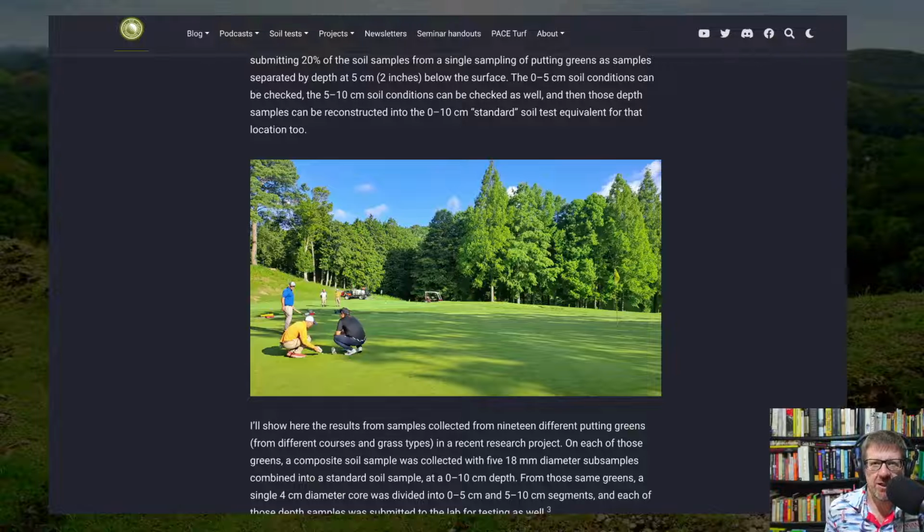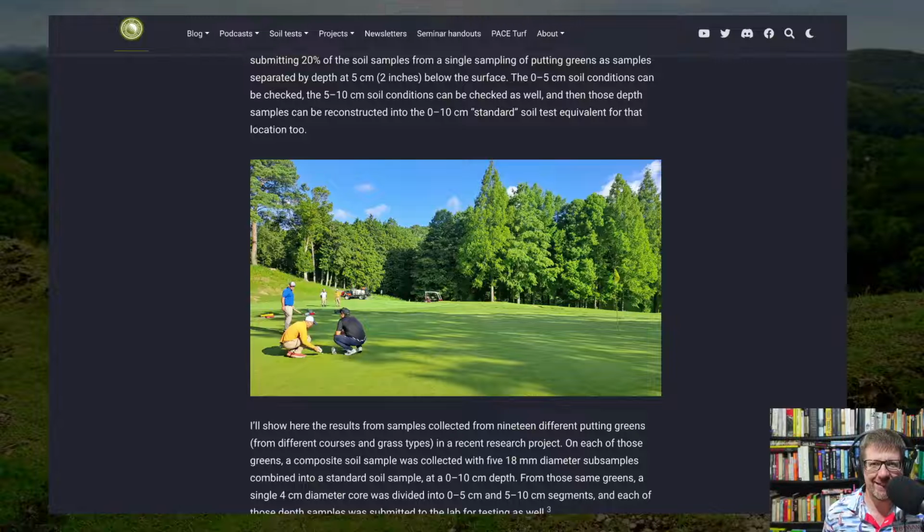If you're managing creeping bentgrass greens or fine fescue greens and you're trying to keep Poa annua out of the green, or you're trying to minimize Poa annua invasion, then it makes sense to keep the phosphorus as low as possible as fertilizer. But you don't want the phosphorus to get so low that it would limit the turfgrass growth in a way that turfgrass quality would go down. So to understand that, it's useful to know where in the soil the phosphorus is that you're measuring.